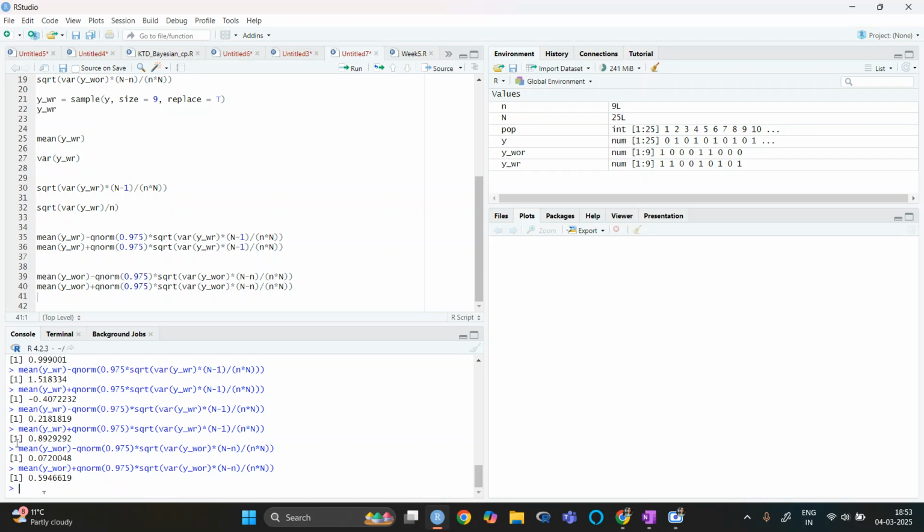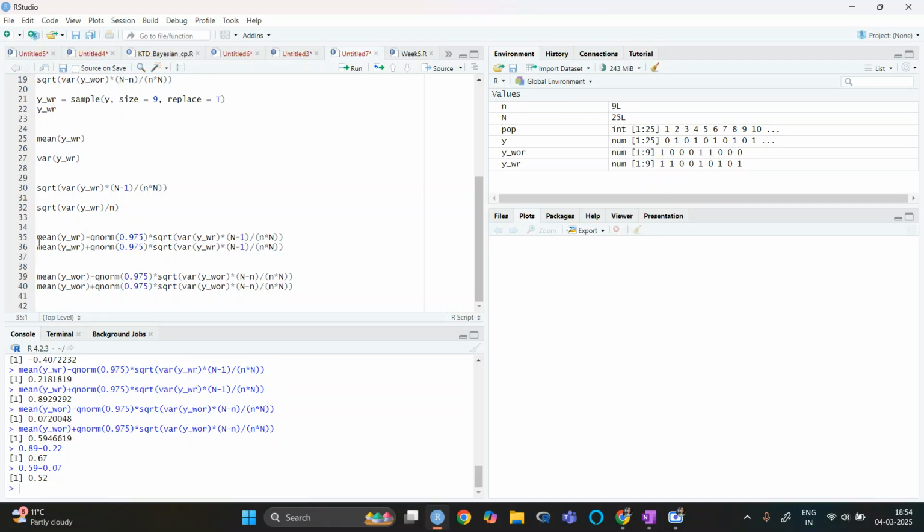So here, 0.89 minus, let's say 0.22, is 0.67, whereas 0.59 minus 0.07 is 0.52. Again we can see that when the population variance is known, that means we are using q norm, the confidence interval length is 0.61 for with replacement and 0.52 for without replacement.